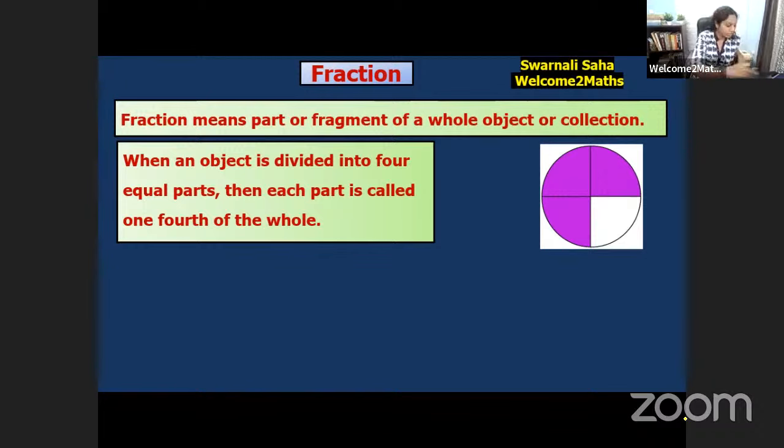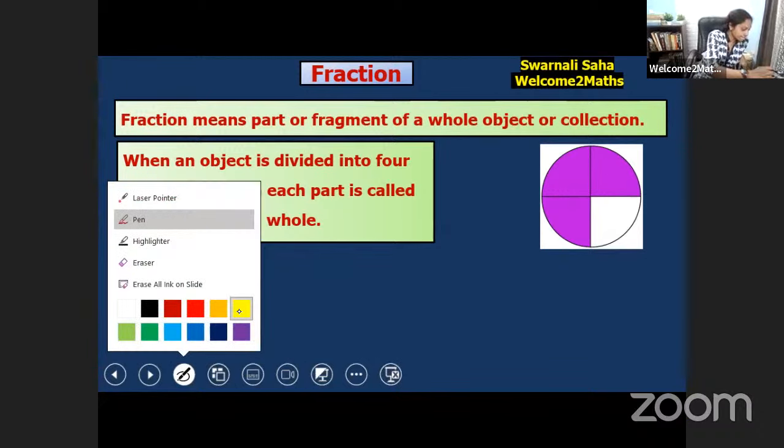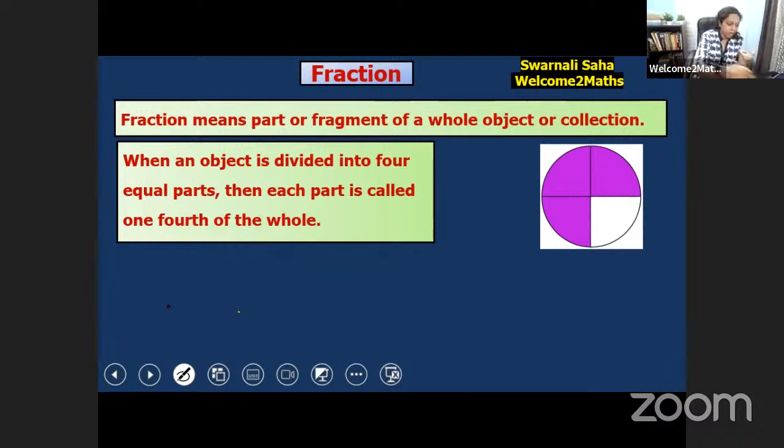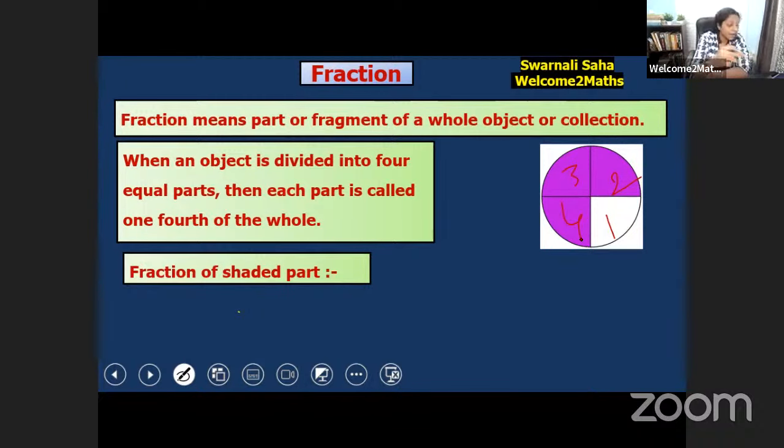Just like here you can see there is a structure, here is the object, and here are four parts, 1, 2, 3, 4. One is a shaded part and another is an unshaded part. So the fraction of the shaded part would be 1, 2, 3.